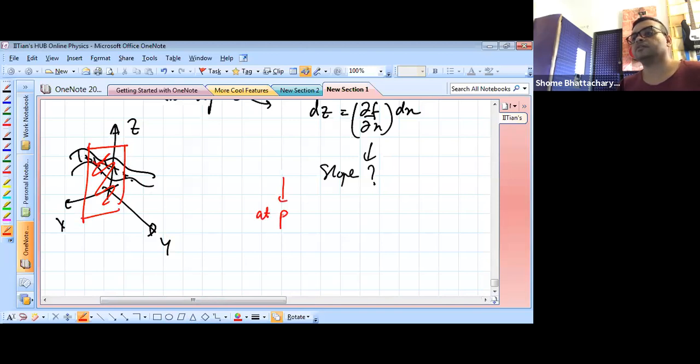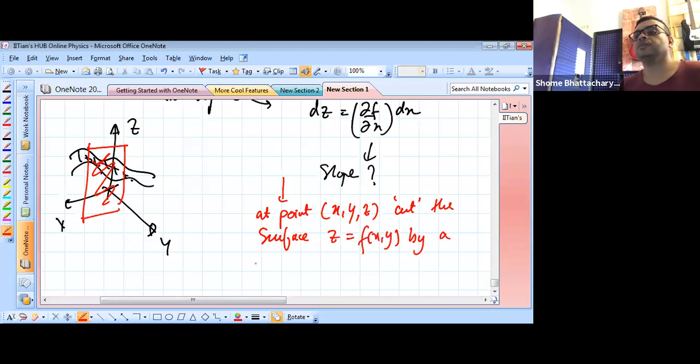So at the point x, y, z, cut the surface which was z is equal to a function of x, y by a plane parallel to your xz plane.